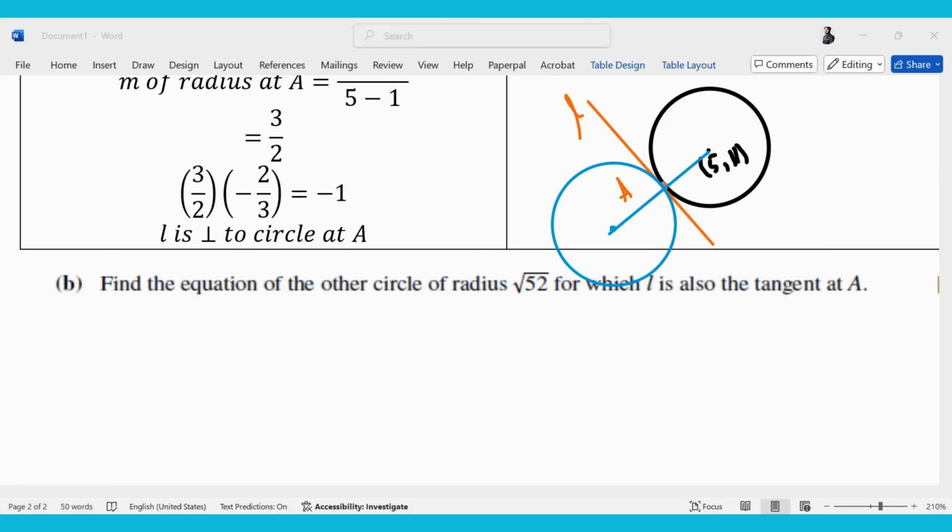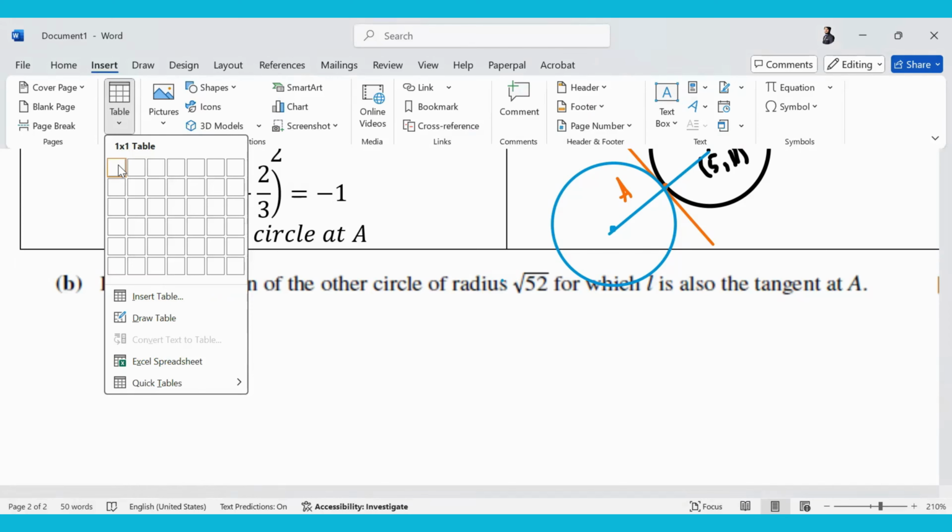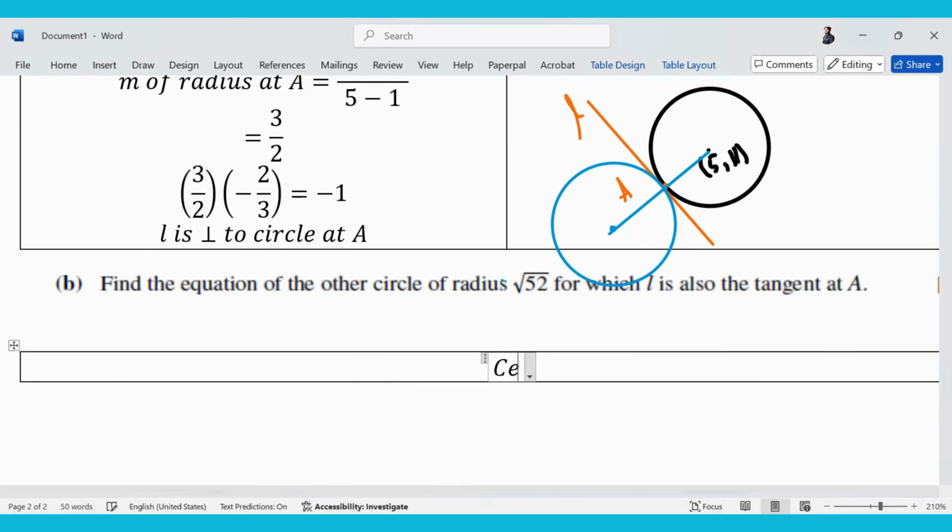Is that right? I know the center of one of the circles. I know the coordinates of A. Let's find the center of the other one. How will it be found? Very good, find it. Center of the other circle is (x, y).